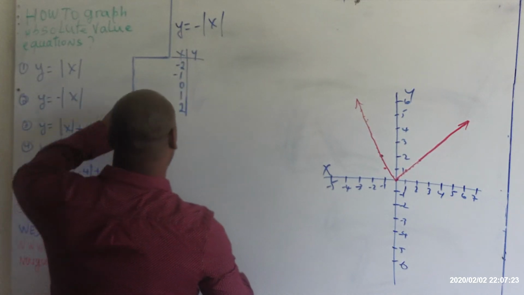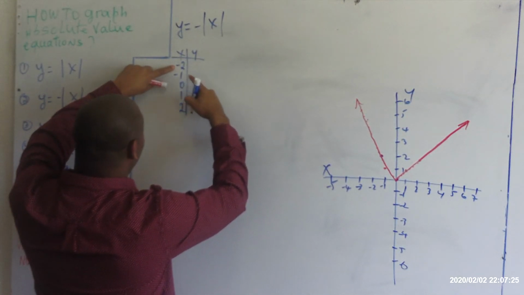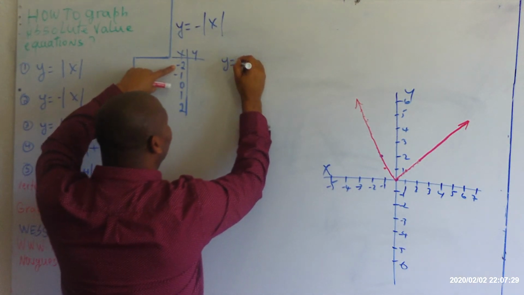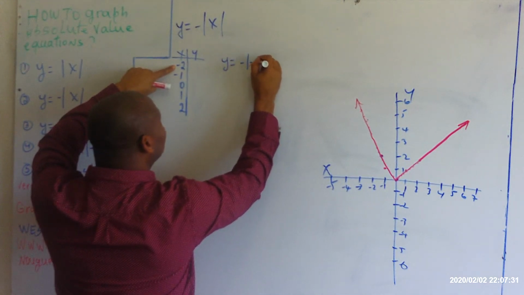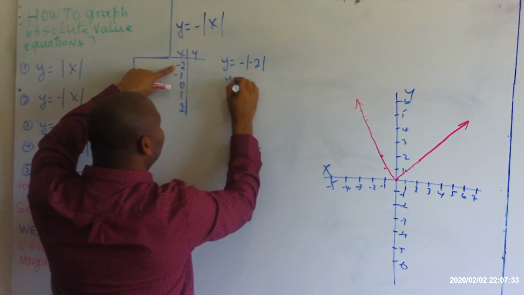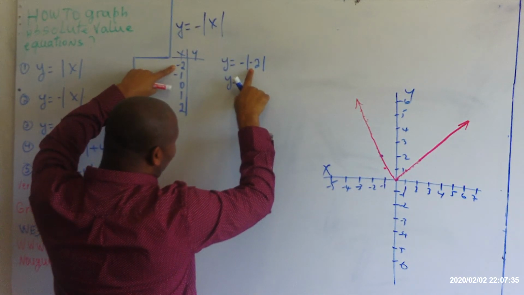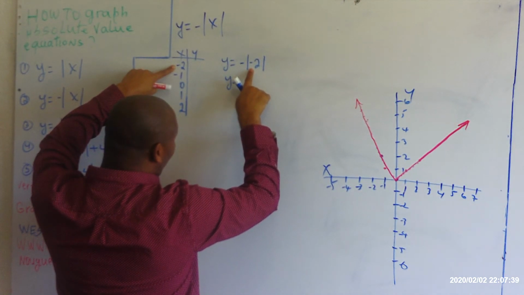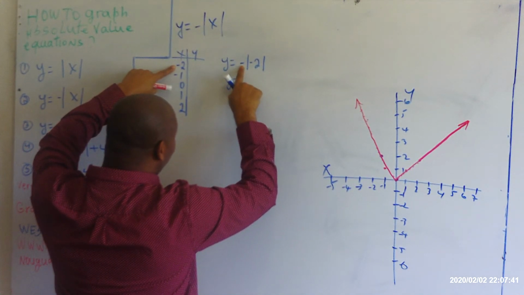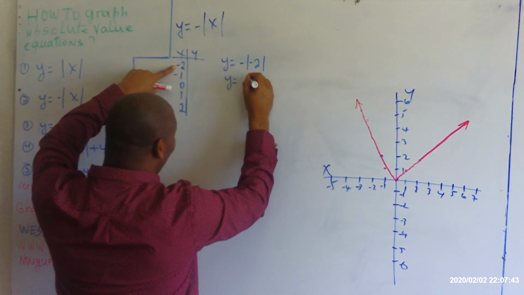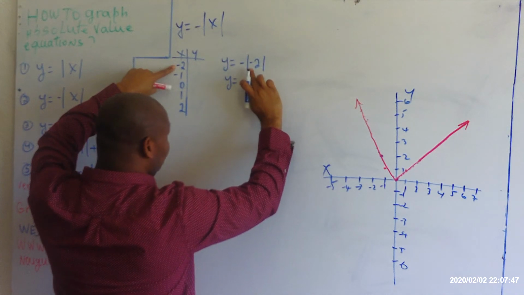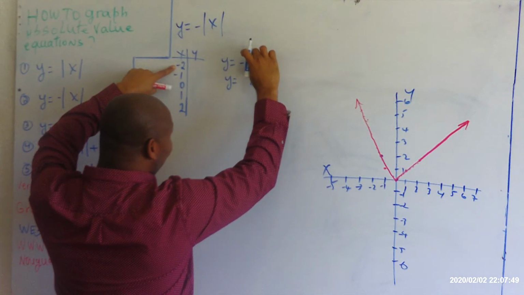Now let's see. I'm going to plot negative 2 right here. The absolute value of negative 2 is positive 2. Because you have another negative sign right here, it's going to be negative 2.